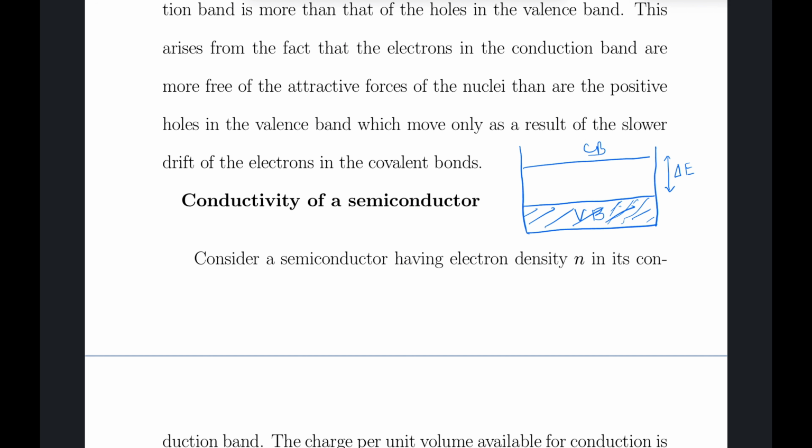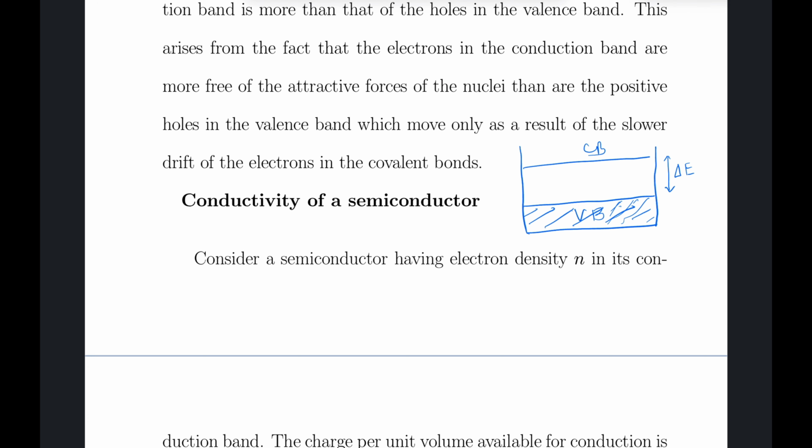So these liberated electrons move in a relatively empty conduction band. So they are more free to move. They freely move in the conduction band. Whereas there are few holes there in the valence band. So most of the covalent bonds are complete in the valence band.